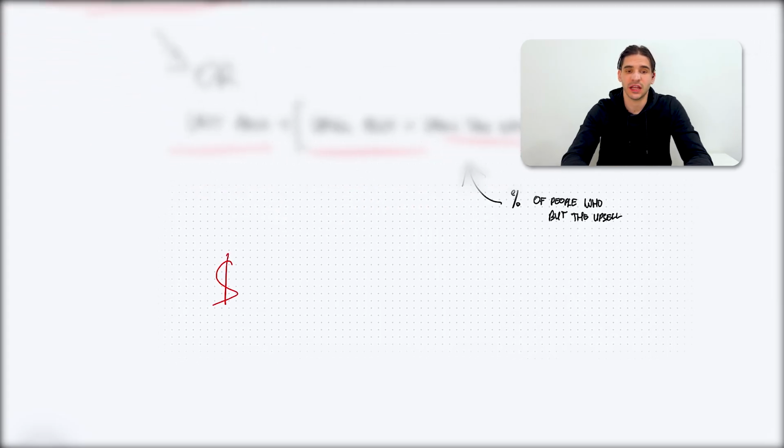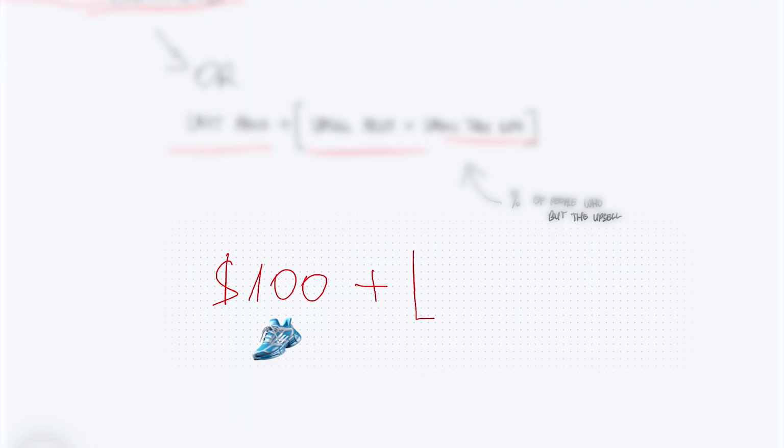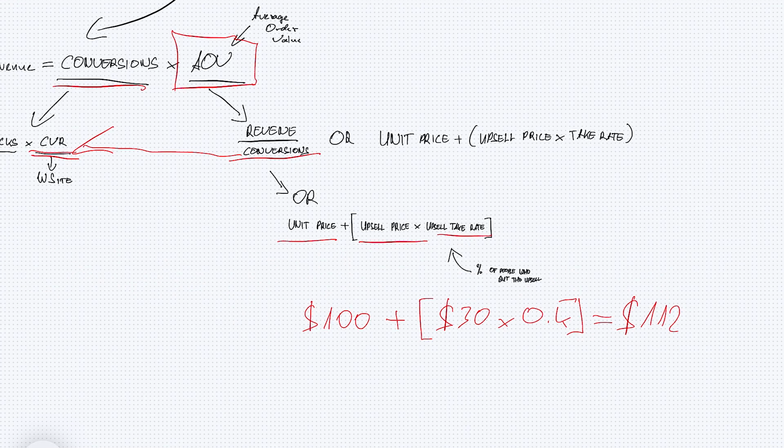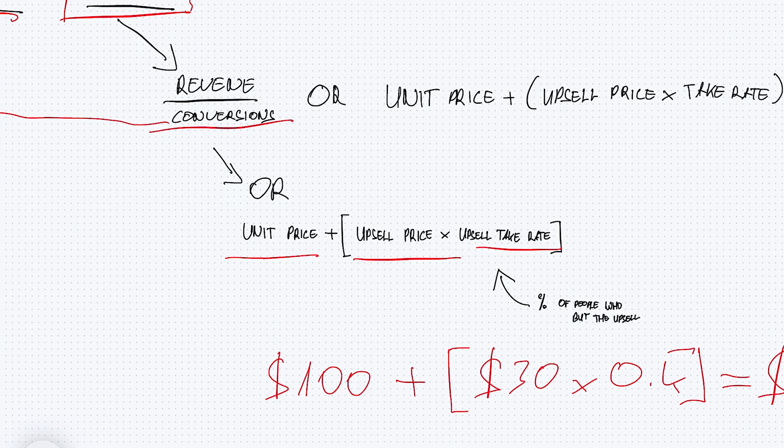For example, if you are selling a $100 shoe and 40% of the people buy the $30 matching sock as an upsell, your average order value will be $100 plus $30 times 0.4 or 40%, which all equals out to be $112. As you can see, the other main drivers to the revenue you're generating, apart from click-through rate, conversion rate, and CPM, are the price of the thing you're selling, the price of the upsell you're offering, and the take rate of those upsells.